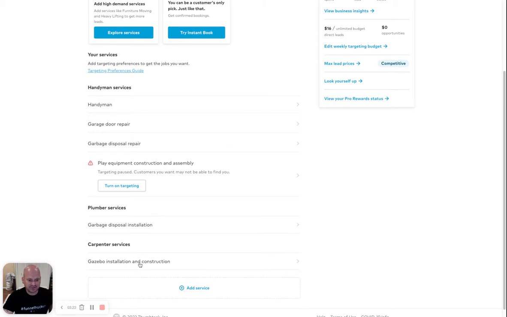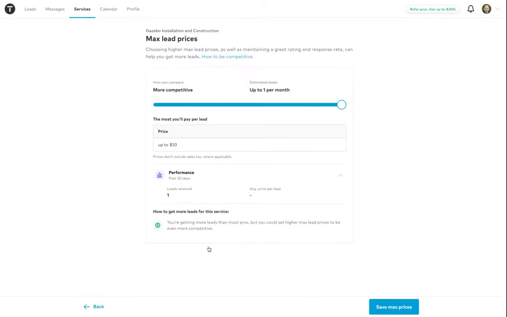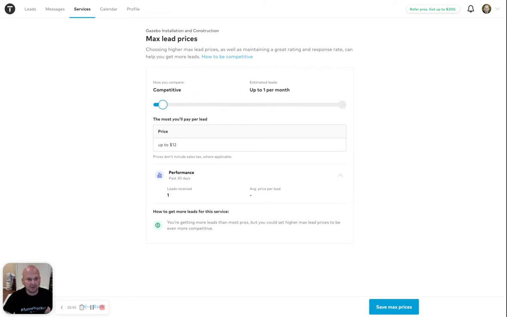But like this, let's just say I open up gazebo installation and click on max lead prices. Right now I have it set to the max, bidding on the max. So the most I will pay is up to $33 for a lead. Generally, I'm paying around $10 to $12, sometimes a little more, but generally it's $10 to $12 a lead.